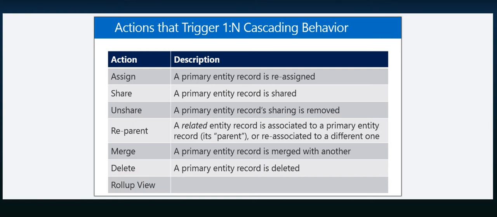If you merge two records, then you can also do a cascading merge, meaning that some of the child records will also be affected. If you merge two accounts, the contacts that belong to the account that you're merging will be transferred into the new merged account. And the most important one is the delete.